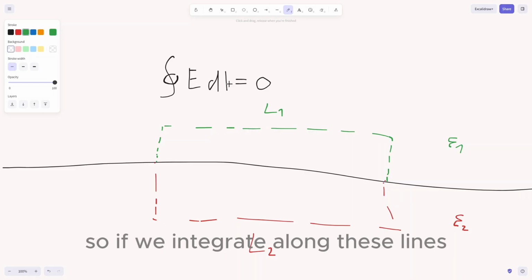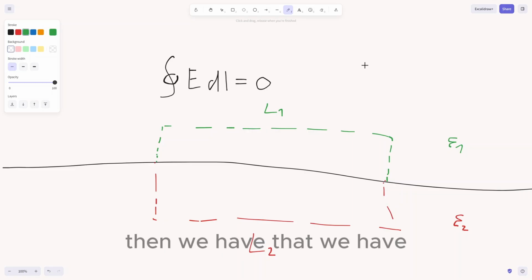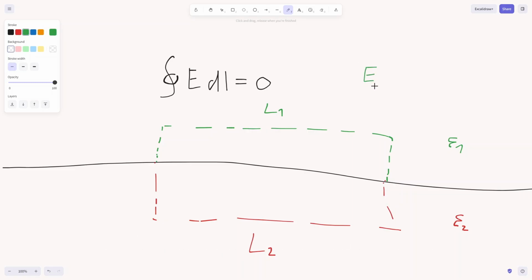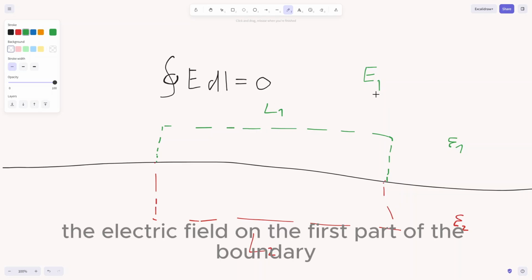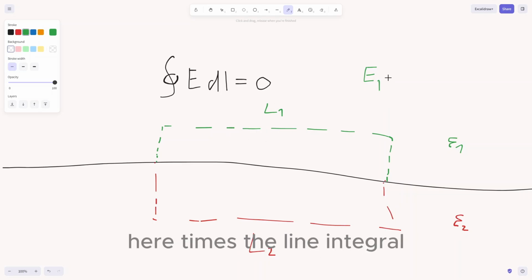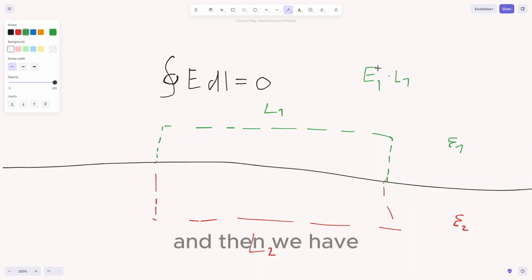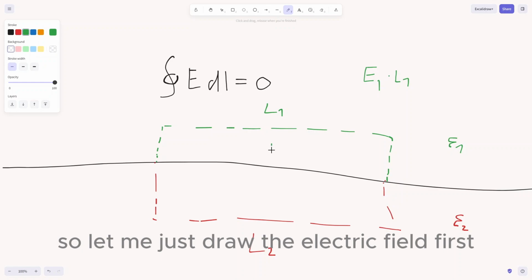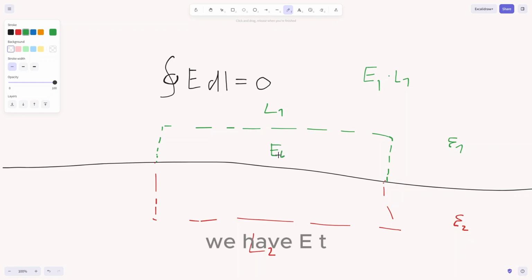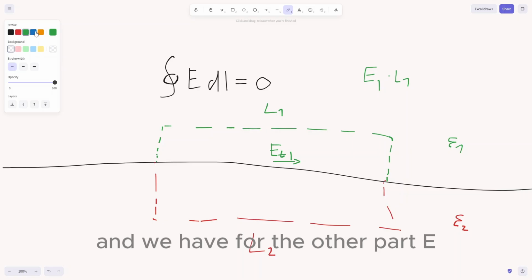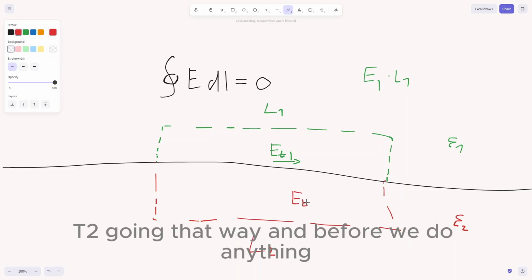So if we integrate along these lines, then we have the electric field on the first part of the boundary times the line integral, and then we are subtracting. So let me just draw the electric field first. We have E_T1 going this way, and for the other part E_T2 going that way.